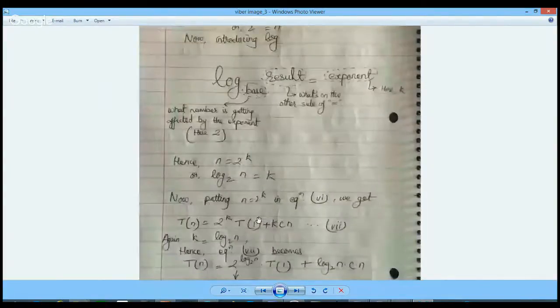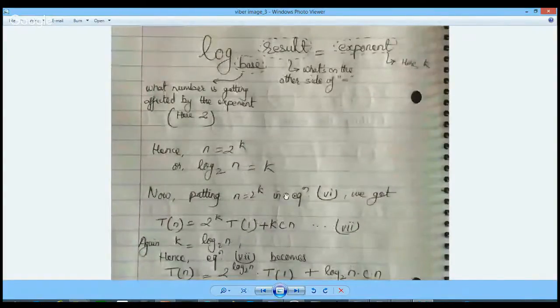So now, putting n equals 2 to the power k in equation 6, which is our general equation right here, we get Tn equals 2 to the power k times T1.